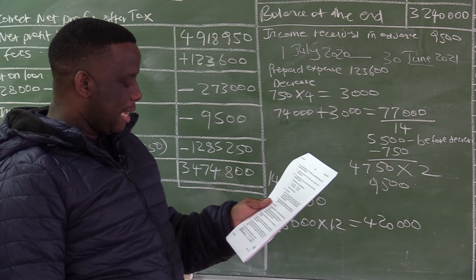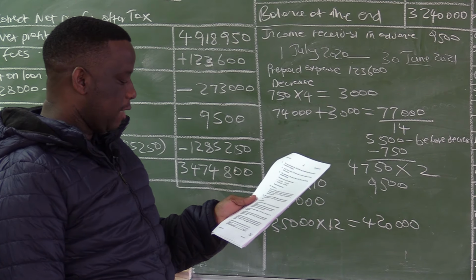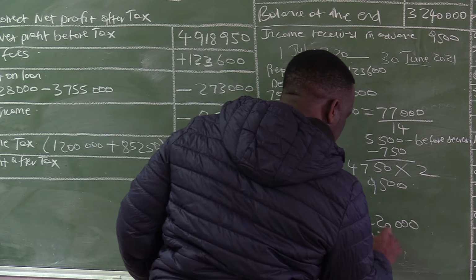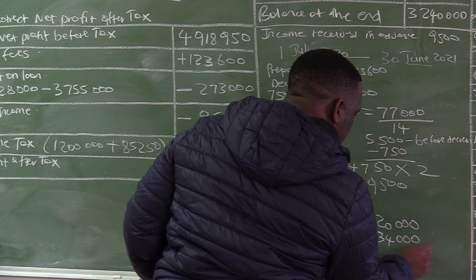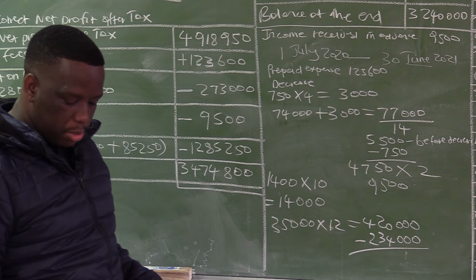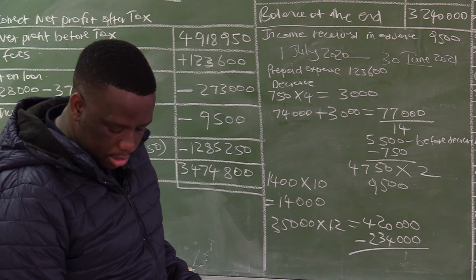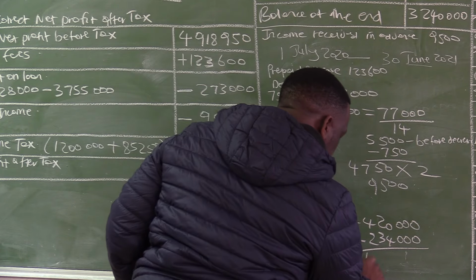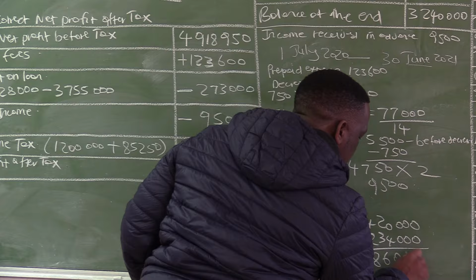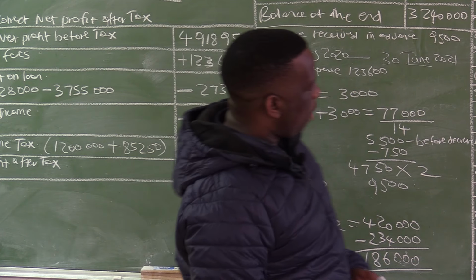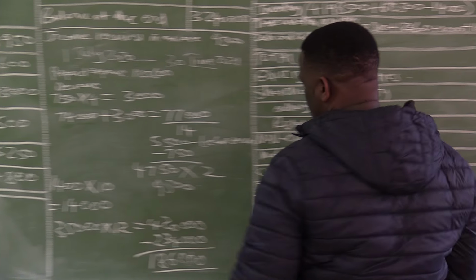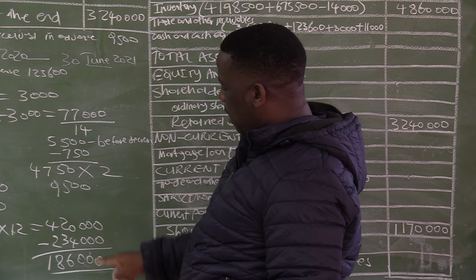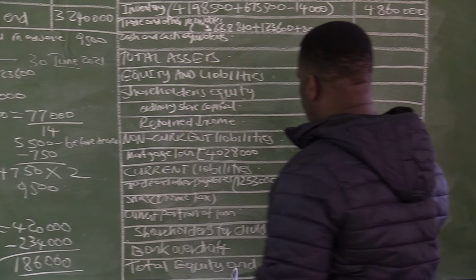And we are told that the interest on loan budgeted for the next financial year is 234,000. So 420,000 minus 234,000. The loan amount will be 186,000, because we will pay a total of 420,000, and 234,000 will be taken by interest, and the amount that will reduce the loan will be 186,000.